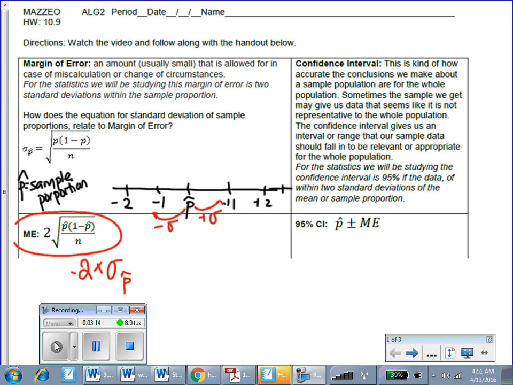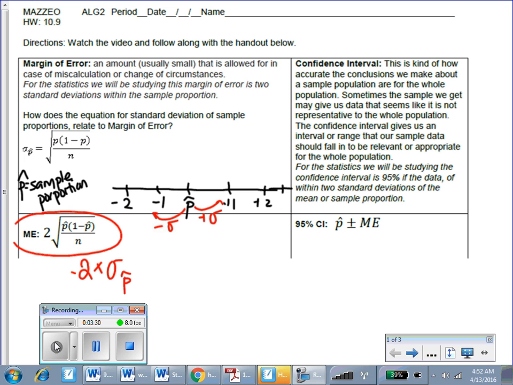It's telling us the sample that you chose might be a little bit off. So if we look in this range, that's sure to be where the true statistic lies.